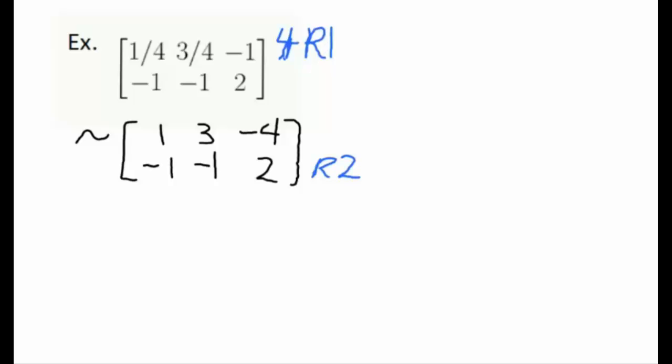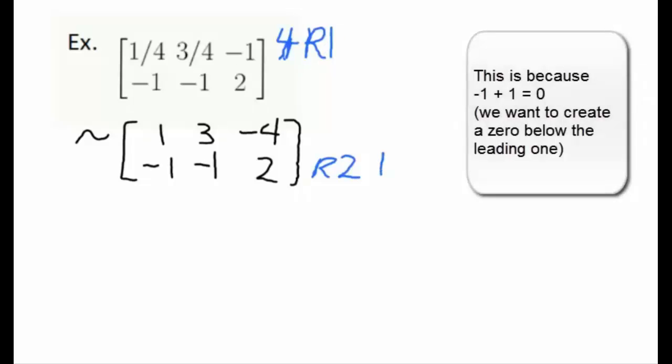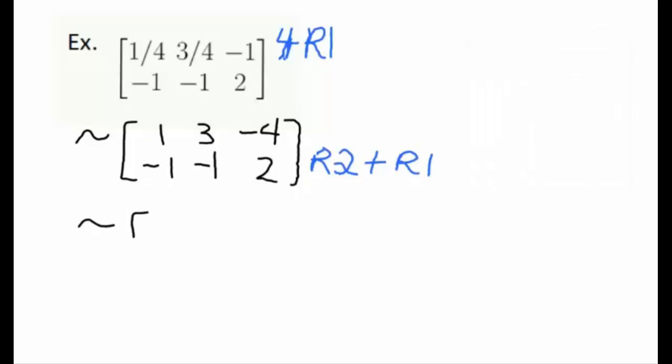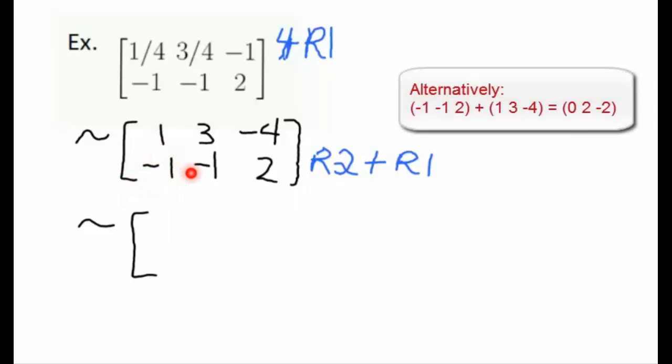In this case, row 2 plus row 1 should do the trick. Okay, and I want you to take a look at what we're going to get when we do this operation. So here we're going to take the value of row 2, which is minus 1, and add to it 1. So we get minus 1 plus 1. That's going to give us 0.